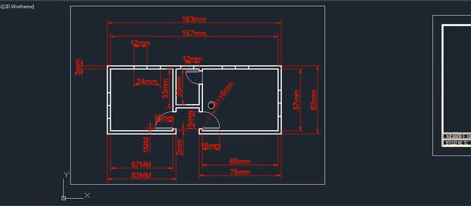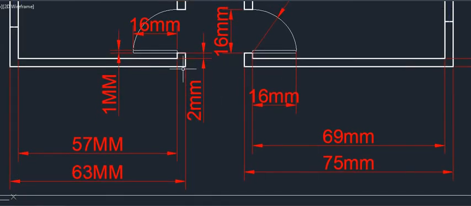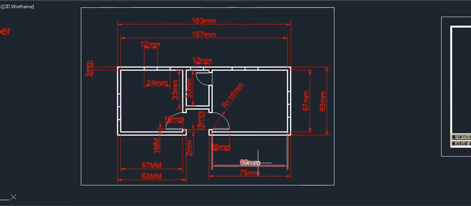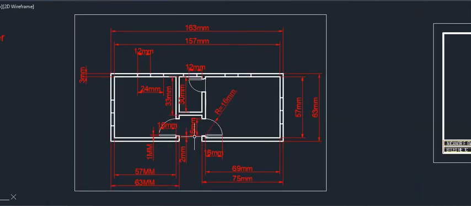By the way, here I did not put any dimension between this wall and this wall. The distance between these two walls is the difference: 163 millimeters minus 75 millimeters minus 63 millimeters.